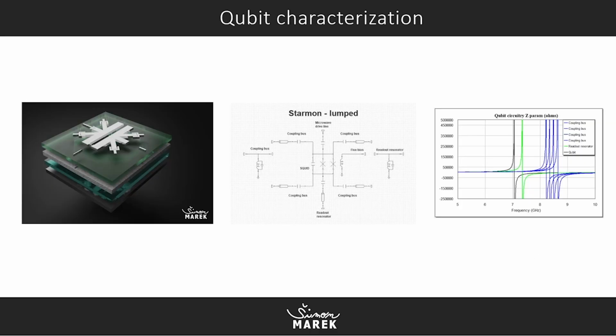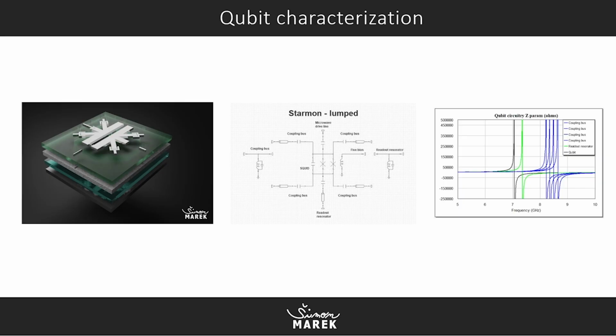Here's our qubit characterization. First, we start with lumped elements, where we basically break down our qubit and simply define our Josephson junction, capacitors, gate capacitances, and connections to the qubits.